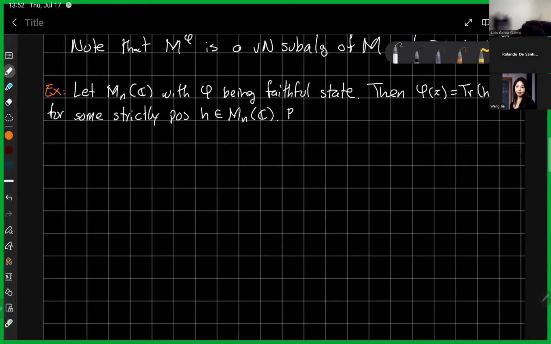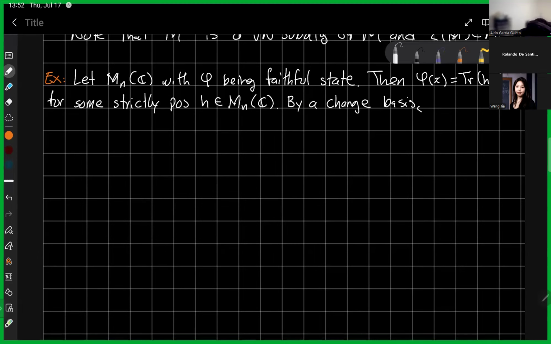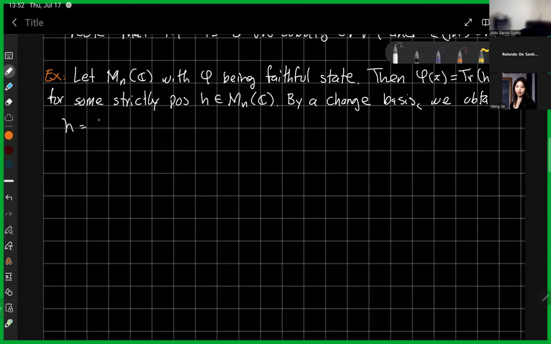And then by a change of basis, we can diagonalize H. And the strict positivity tells us that all of the eigenvalues are positive.